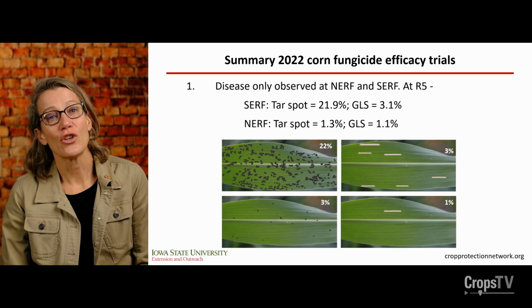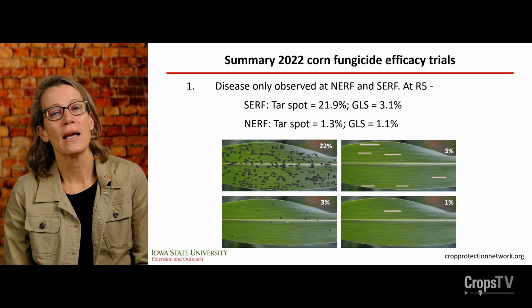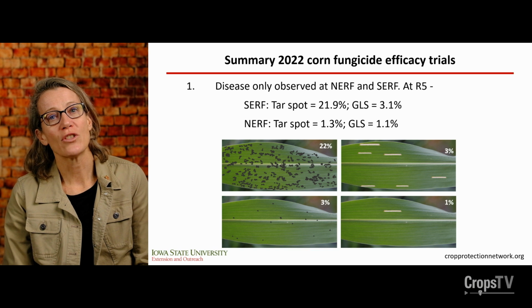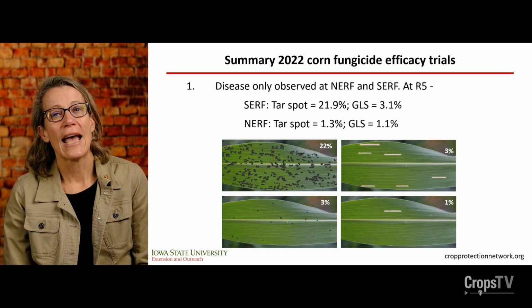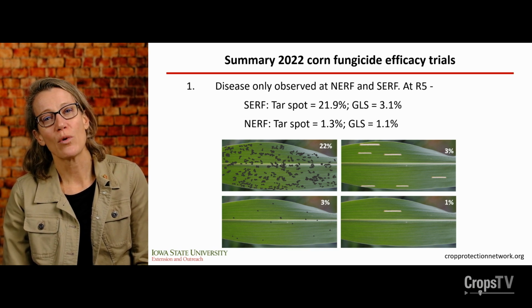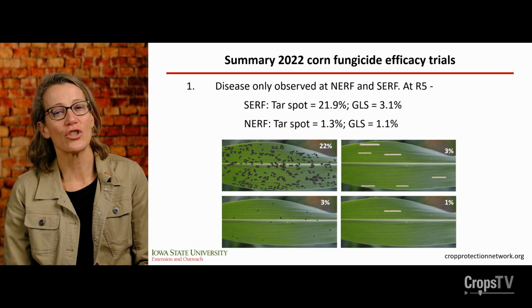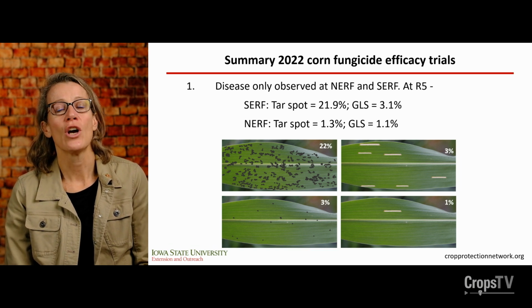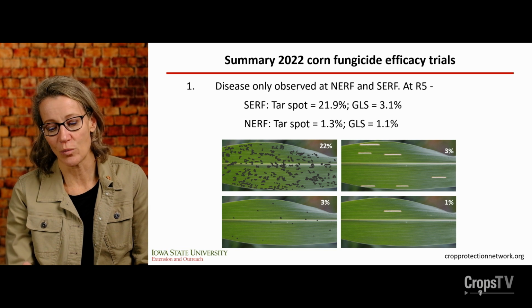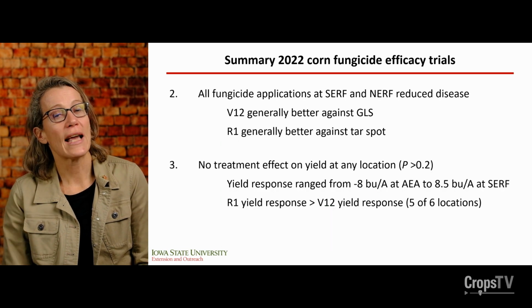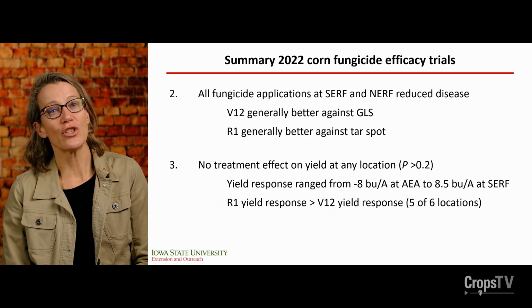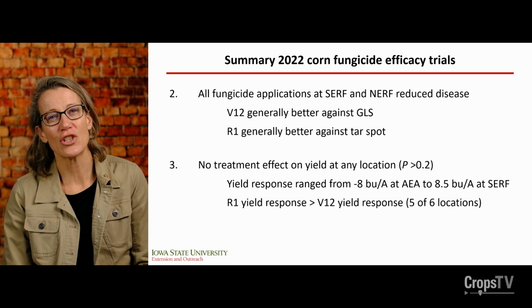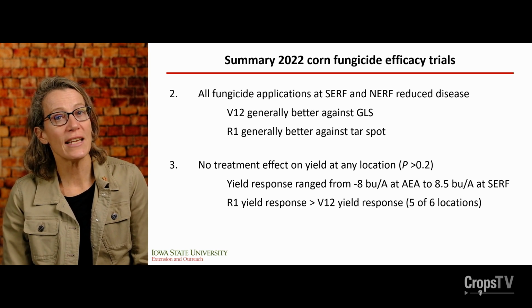And at NERV, or the Northeast Research Farm, tar spot was around about 1.3% and gray leaf spot was about 1.1%. And once again, there's a cartoon there just giving you an idea of just how much disease was present in those trials. At the Southeast and the Northeast Research Farm, all of the fungicide applications reduced disease.